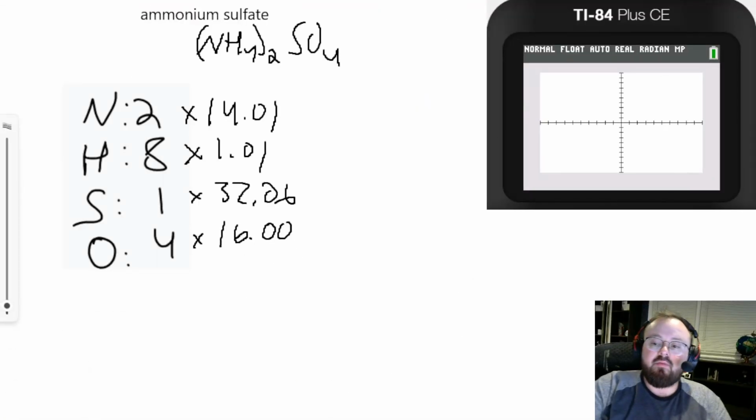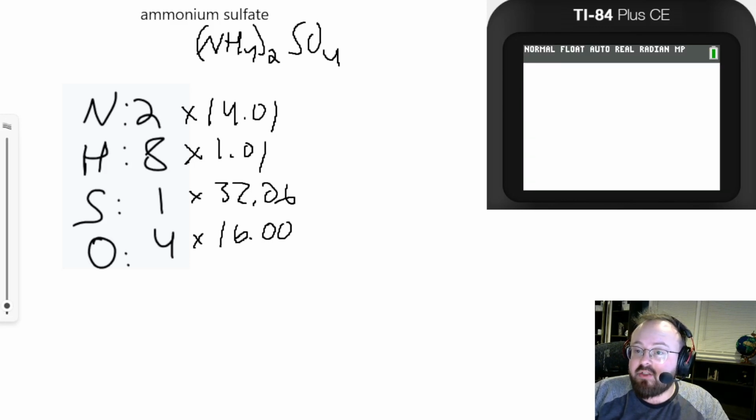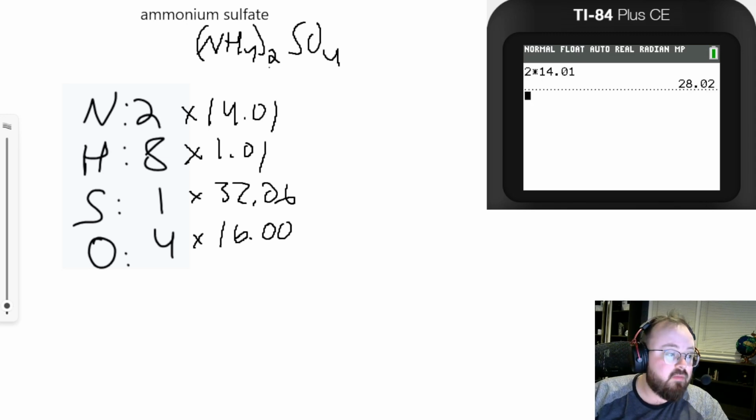Right, so a little bit of reorganizing later. Let's get into this. For our nitrogen, and I'm just going to have the calculator up here just to have it there. If you can do this math in your head, that's great. 2 times 14.01 gives me 28.02.